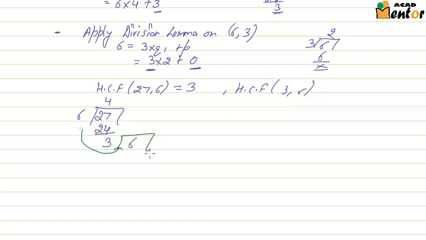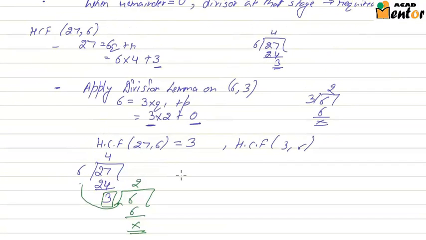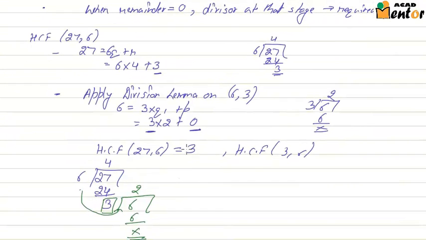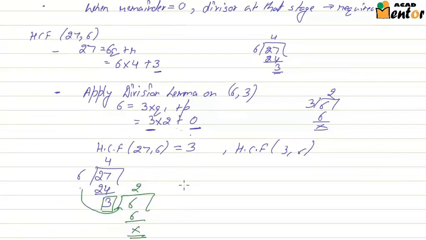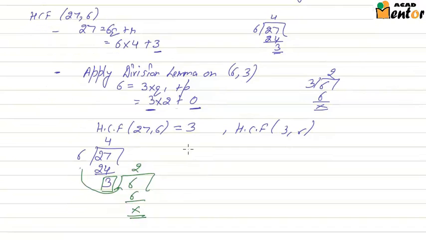So again we'll apply this. Now at this stage the remainder is 0 and the divisor, which is 3, would be the HCF of 6 and 27. So essentially we've seen that Euclid's division algorithm is nothing but the long division method that we used to apply earlier.